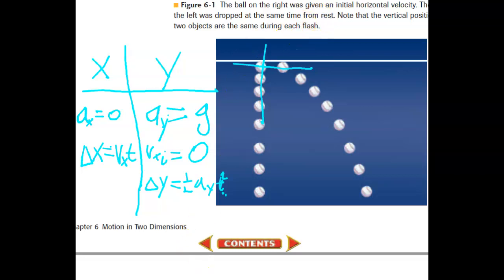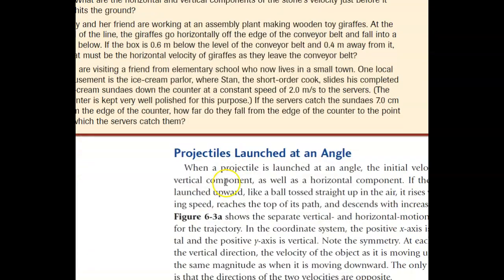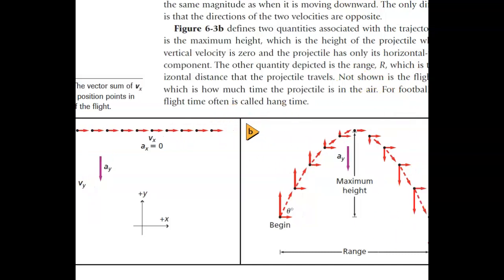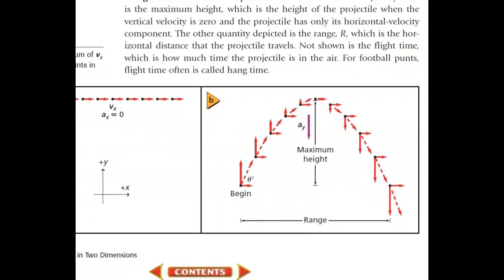Now, if we're not talking about something that's dropped and we're looking at something that's launched at an angle, we are still able to break things up into the vertical and the horizontal and solve for that motion.